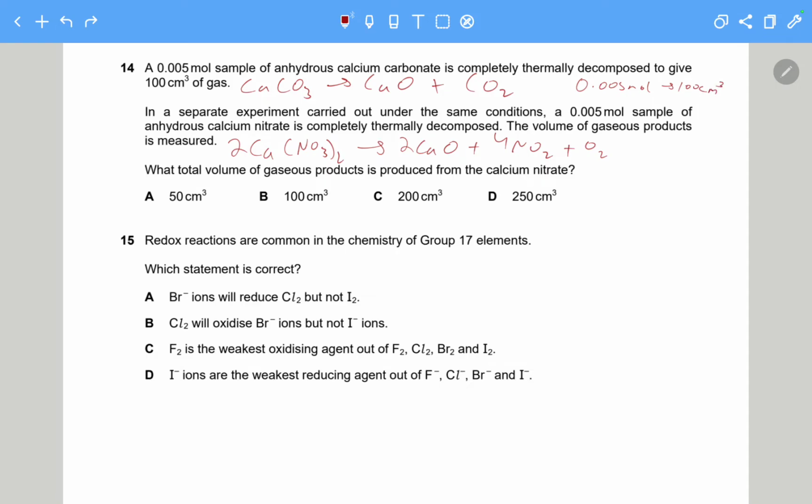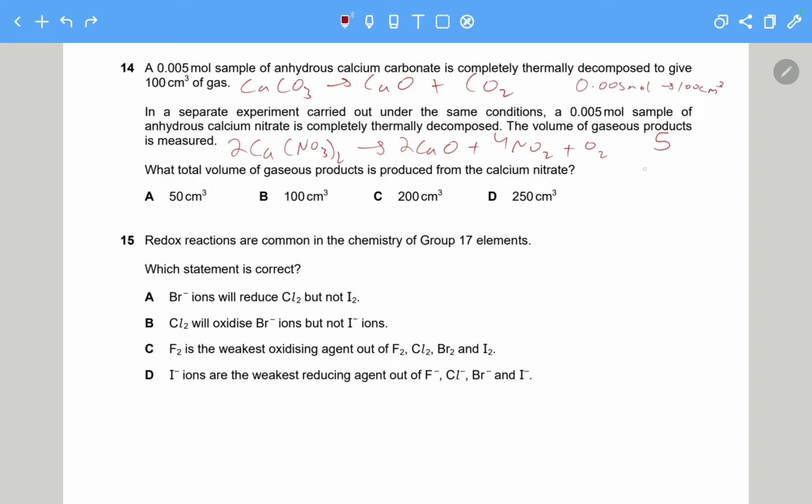And in the separate experiment, they have 0.005 sample of anhydrous calcium nitrate, which is thermally decomposed, and the volume of gaseous products is measured. So the total number of moles of gas on the right side is 5 because 4 plus 1, and 2 moles of calcium nitrate give 5 moles of gas.